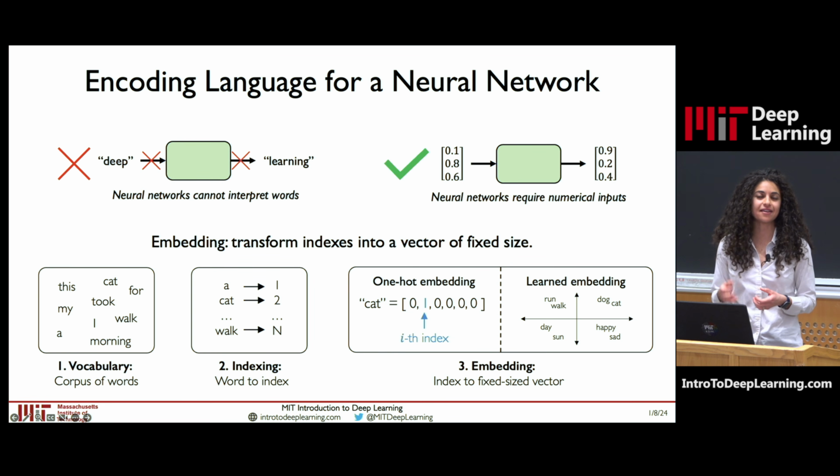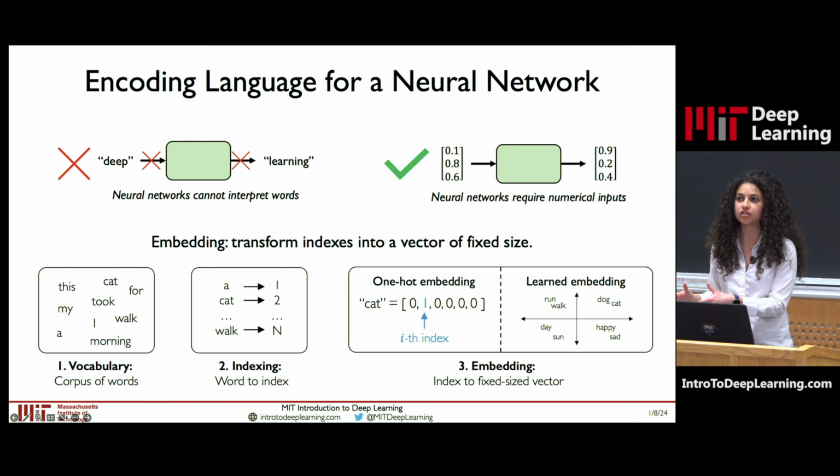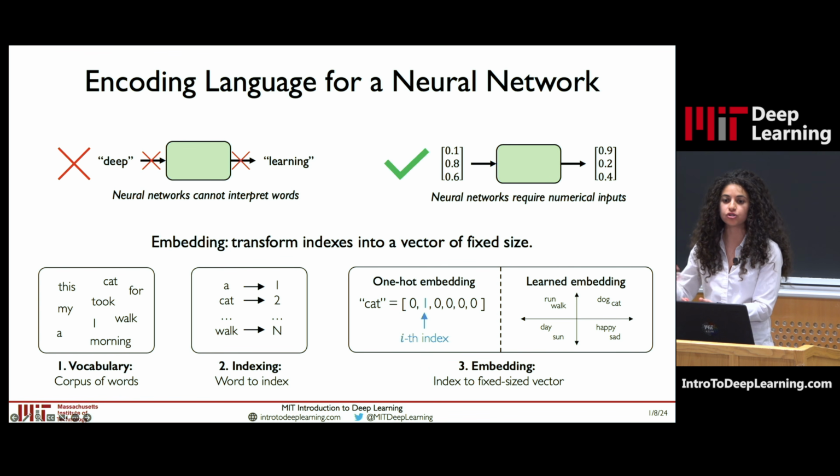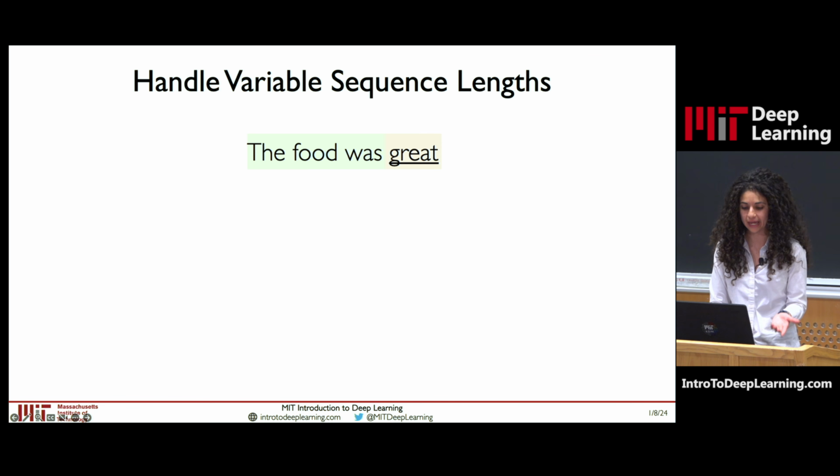And this too is a very powerful concept about learning an embedding and then taking those learned vectors forward to a downstream neural network. So this solves a big problem about how we actually encode language.